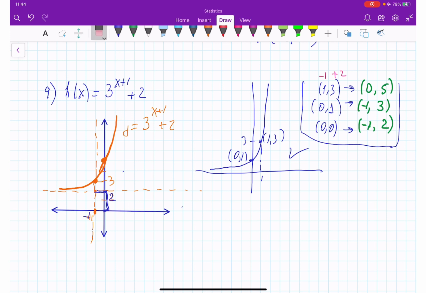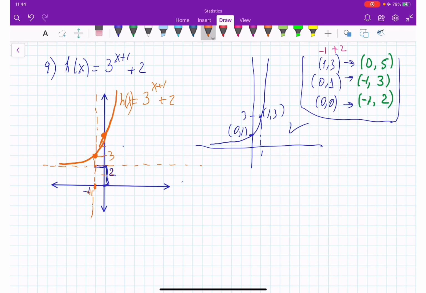Instead of y, let me put h of x because that's what they have. So we have it matching up. Here is our graph. Okay, so what do we have here?